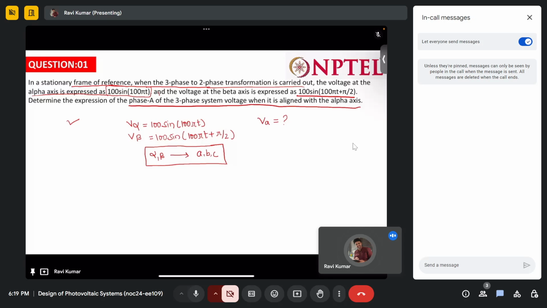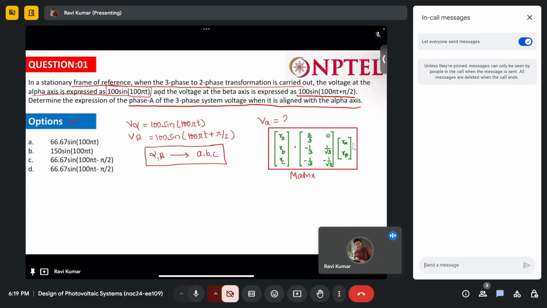This is the matrix which we will be utilizing, and here it is asking only for VA, so we will not go to VB and VC. From this matrix, VA will be 2 by 3 V alpha plus 0 into V beta. So it is 2 by 3 of V alpha. And what is this V alpha?